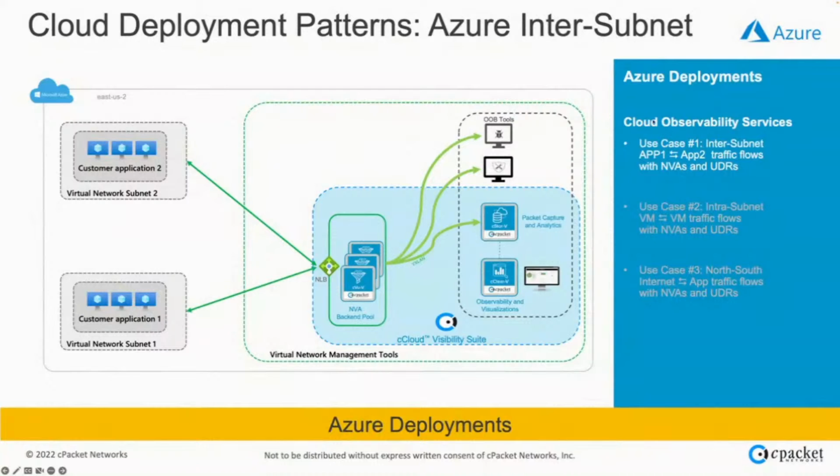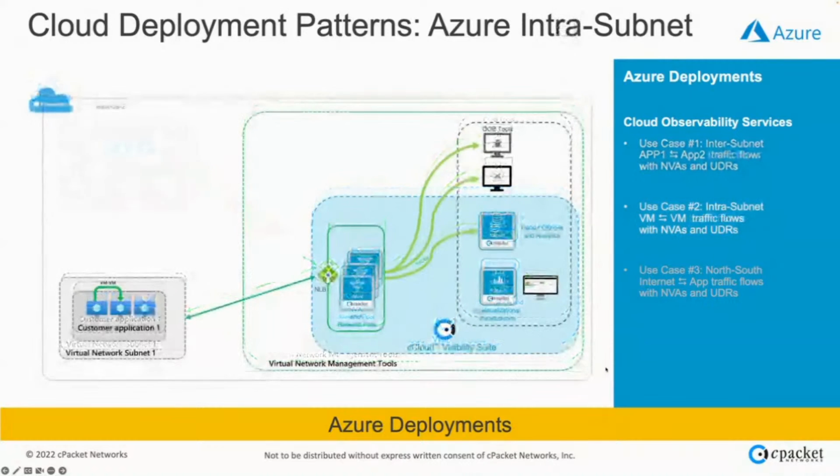The traffic between use case 1, which is VNet to VNet and subnet traffic, we use UDRs to send traffic via the Azure Network Load Balancer, and then this backend pool handles the replication and forwarding services, and that can go out to security tools, and for us, we send it out to the C-Store. So all the traffic going between these 2 VNets would be captured and forwarded out.